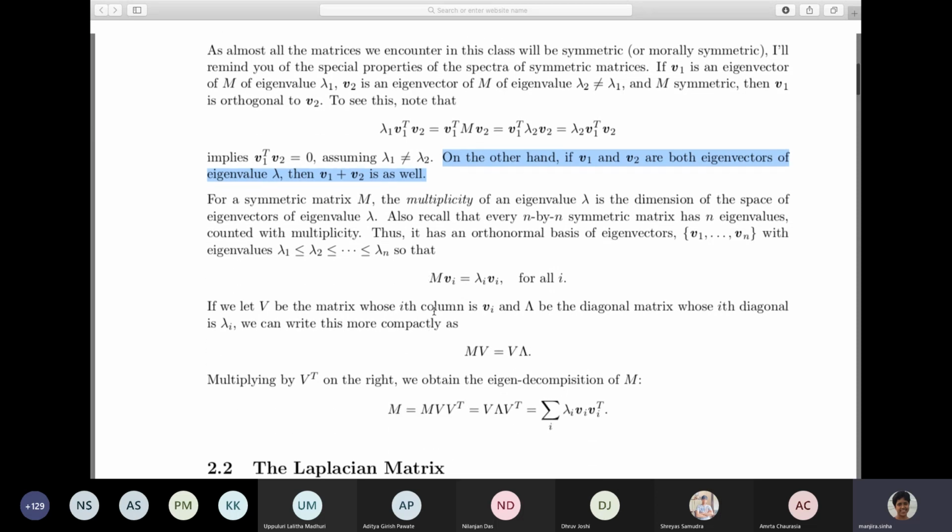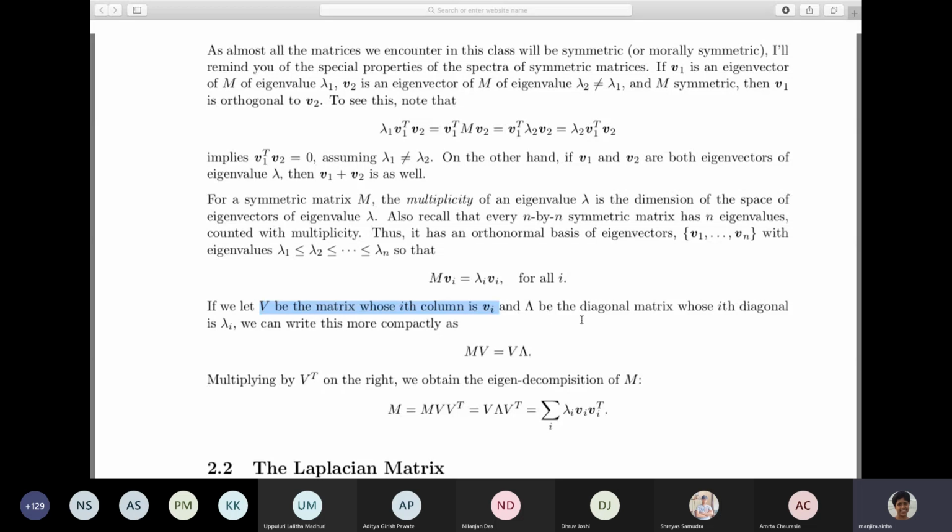Now in the matrix notation we write it like this: capital V is the matrix whose ith column is vi. So V will have how many columns? N columns.